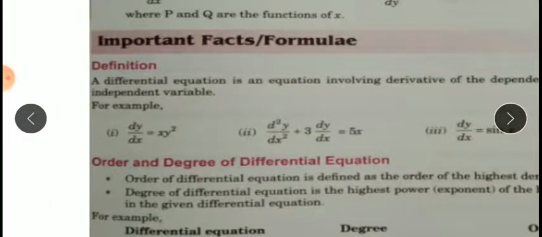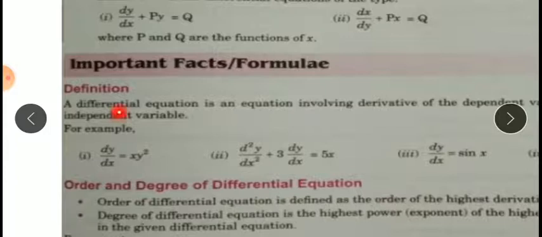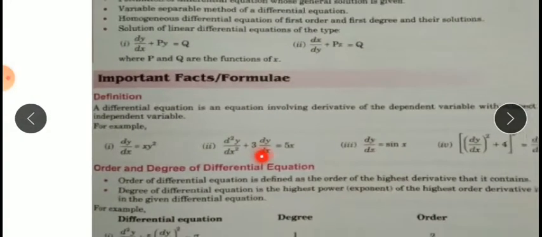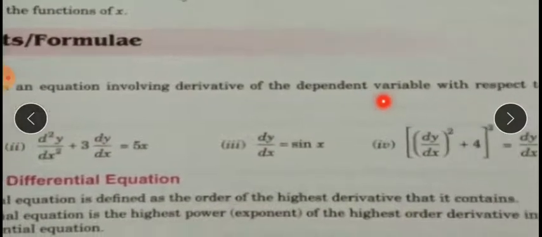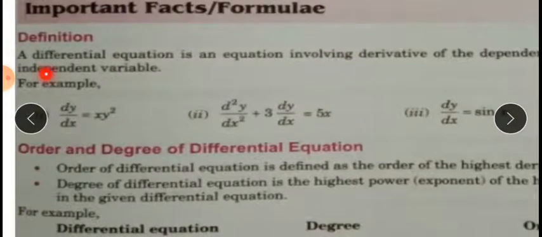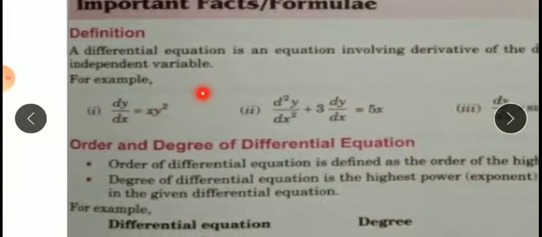Definition of differential equation. A differential equation is an equation involving the derivative of a dependent variable with respect to the independent variable. See, this is a differential equation involving a derivative. Refer to this example, dy by dx is equal to xy square.